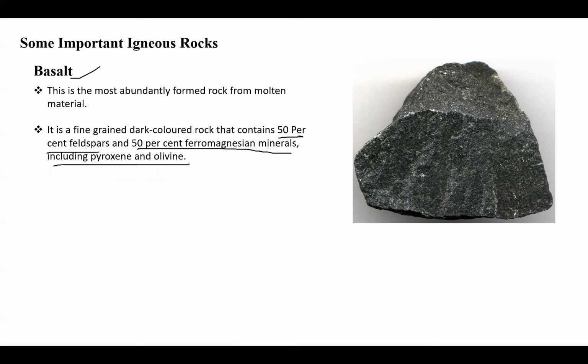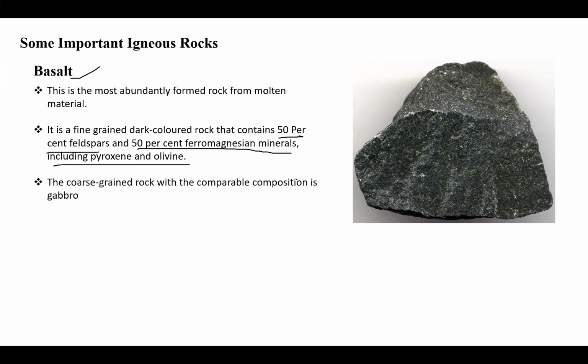Just recall that a few minutes back we gave a definition of rocks: rocks are combinations of minerals. That's why here we can see feldspar and also ferromagnesian minerals, the pyroxenes and olivines. Now you decide and please mention in the comment section whether the weatherability of this rock is very high or low.